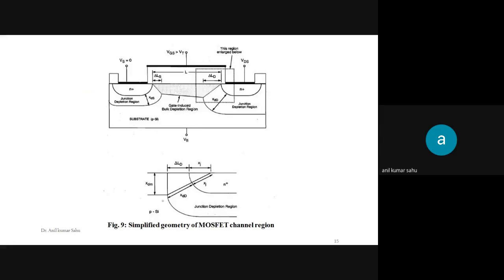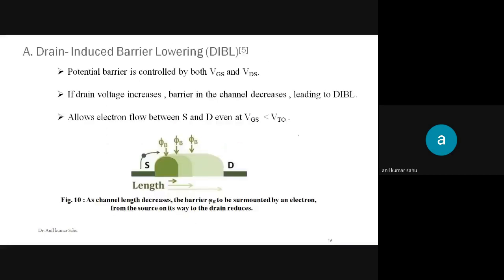Here you can see in this figure: this is the junction depletion, this is the substrate, this is the gate induced barrier, right? And this is the n channel. This is the geometry for NMOS. Now you can see the first one is the drain induced barrier lowering, that is called DIBL.